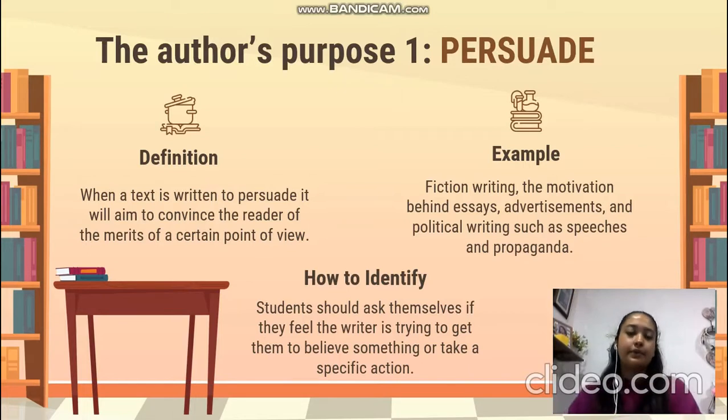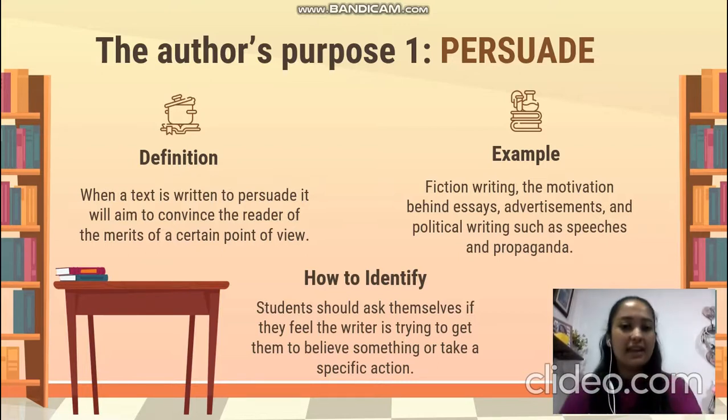This purpose can be found in all kinds of writing, even fiction writing. However, it's most commonly found in opinion essays, advertisements, and political writing, such as speeches and propaganda.